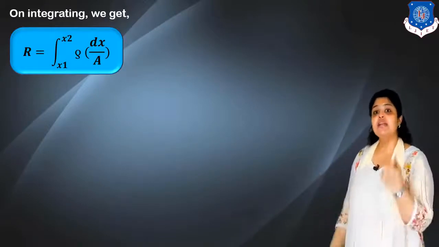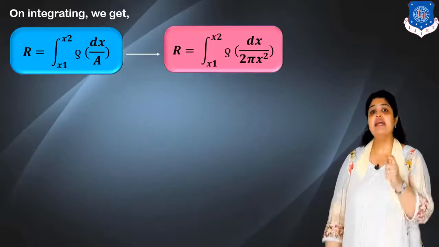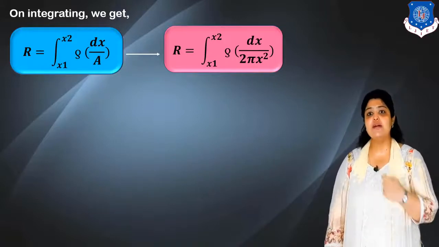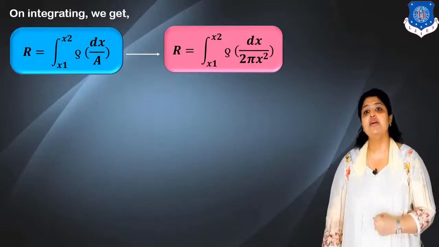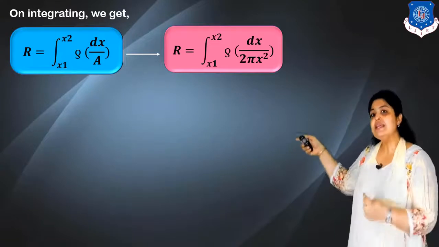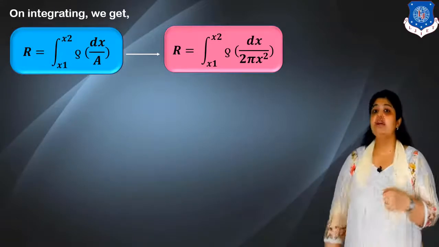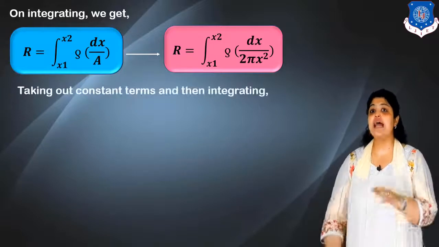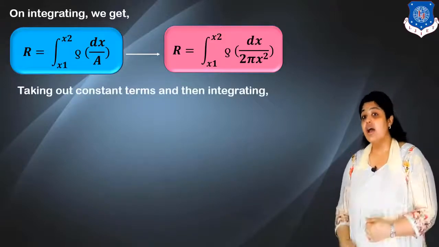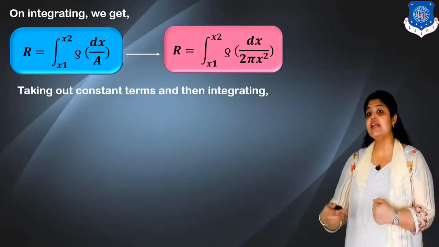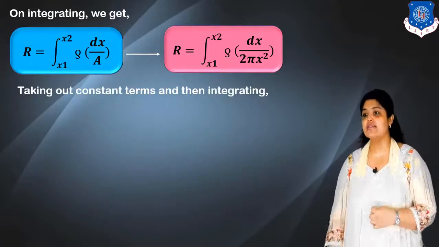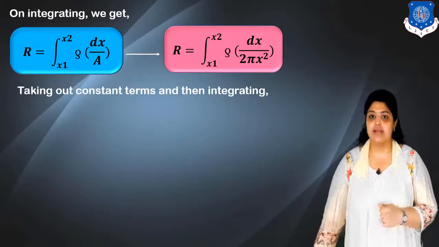So substituting the equation of area, we get R is equal to integration x1 to x2 rho dx upon 2 pi x square. You can see from this equation that the term rho and 2 pi is constant. So taking out the constant terms and then integrating. Integration here will be integration of 1 upon x square dx, which gives us minus 1 upon x.